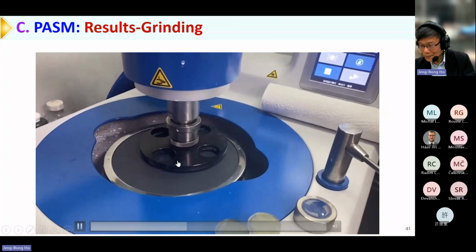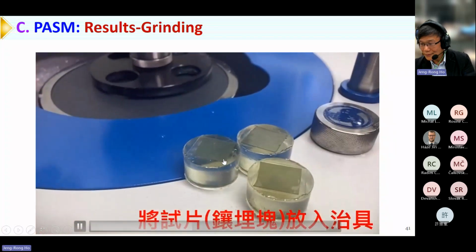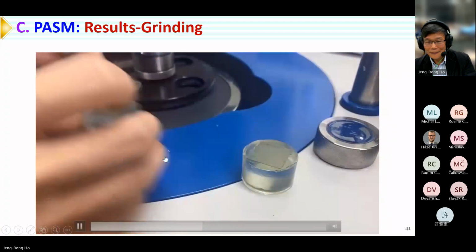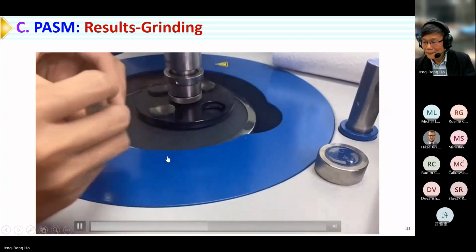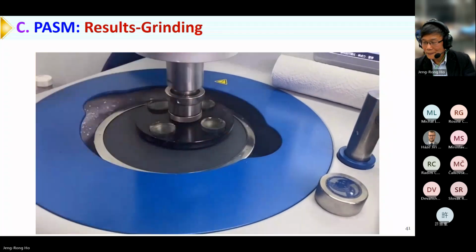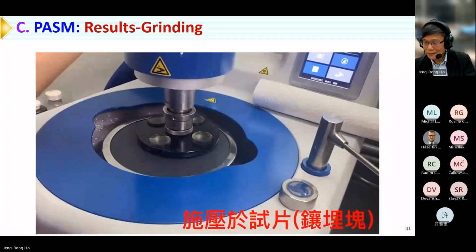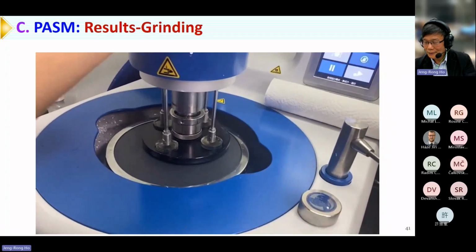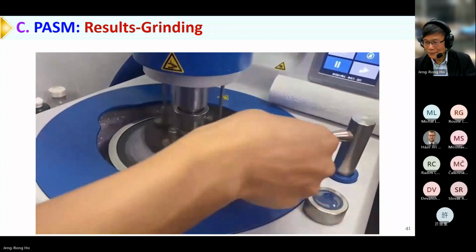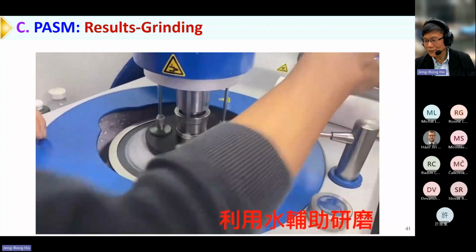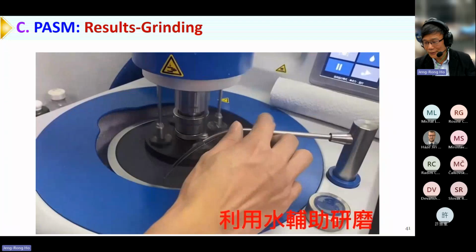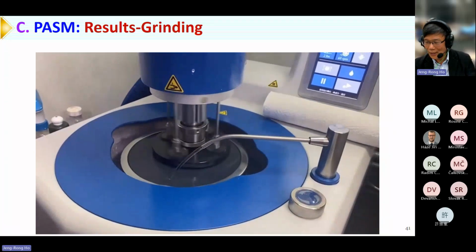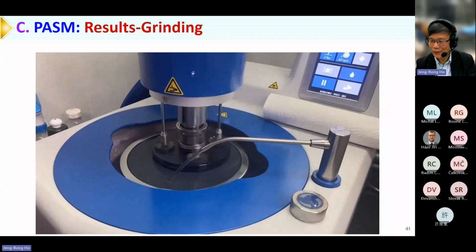Then we place the embedded samples, apply the pressure, then conduct the grinding, and just use water to assist in taking the abrasive away.